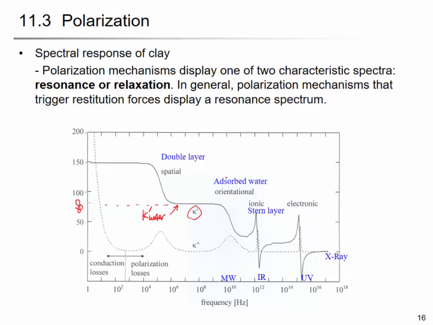And you have absorbed water polarization and Stern layer polarization, and there's electronic polarization. And you can see that the conduction loss becomes prevailing and dominant when the frequency is less than, interesting, kilohertz, right? 10 to the 3.